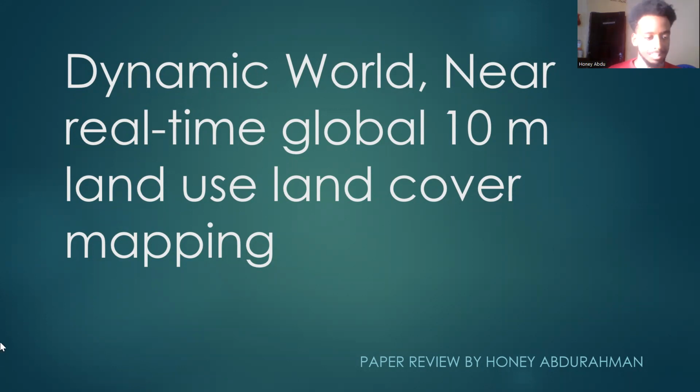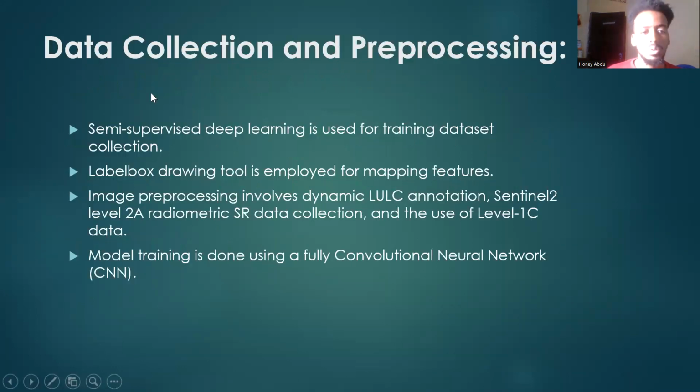Firstly, I'm going to take us through the data collection and pre-processing. For this case, we are using semi-supervised deep learning. This was discussed by Emma, the lecturer, last week during the geospatial data analysis lecture.